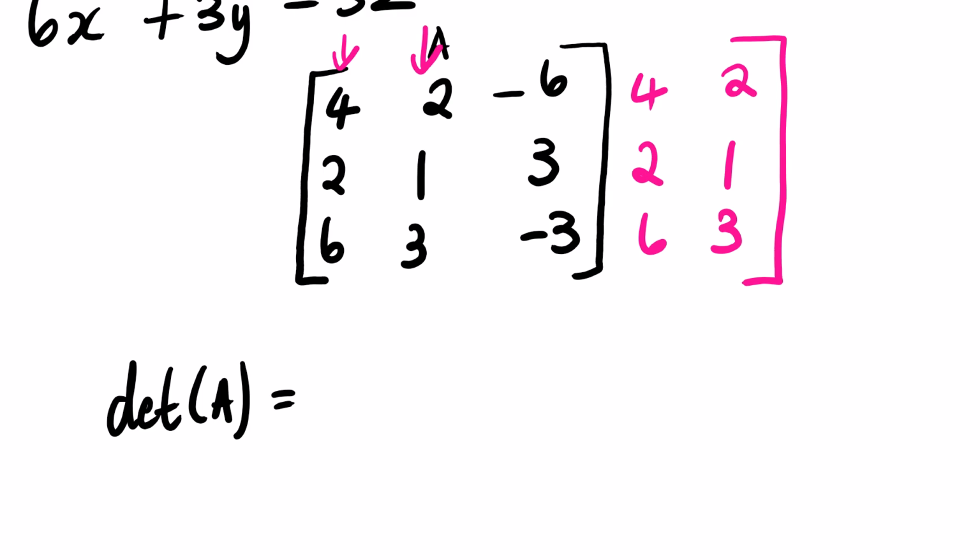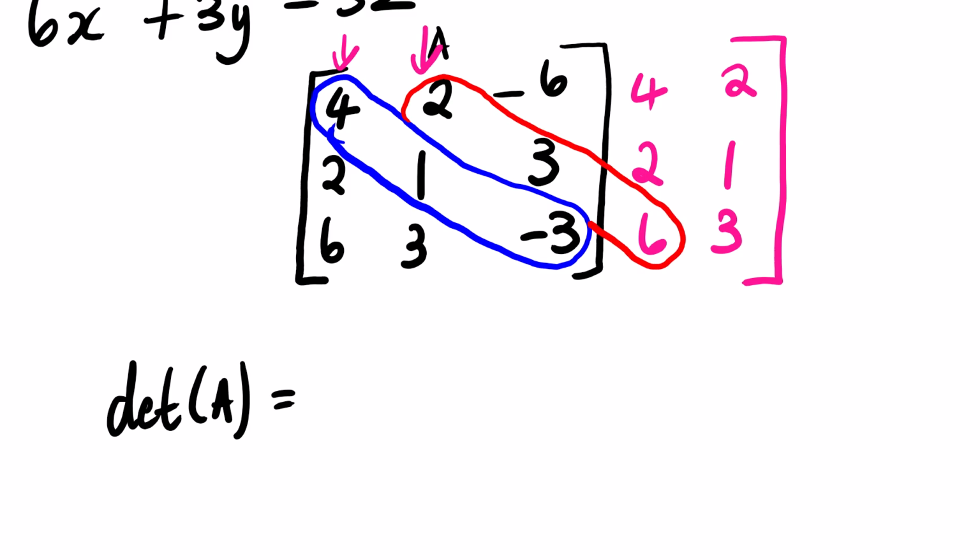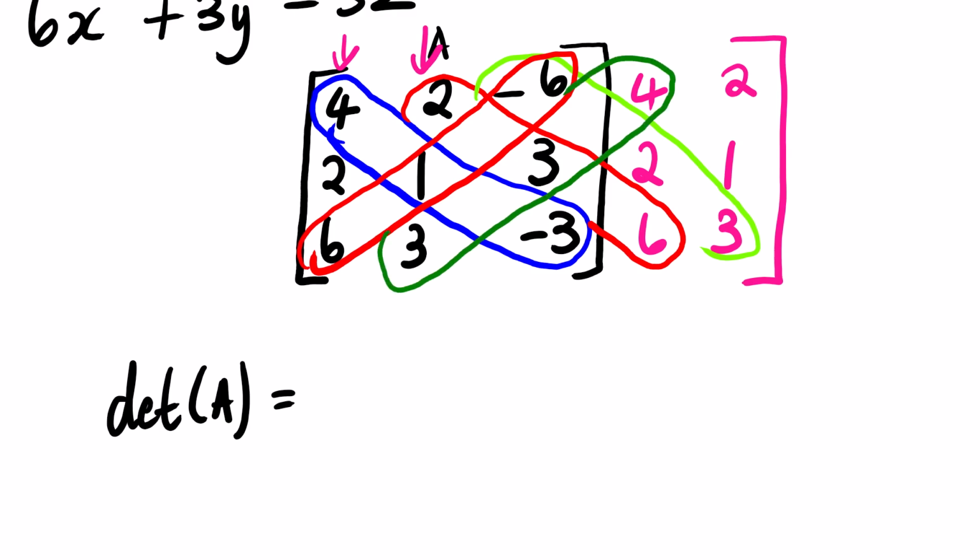After extending this, we are going to look at these diagonals. That is our first diagonal, our second, our third diagonal. Then from here, we look at this diagonal, this one, and also this one. So we start by multiplying the first diagonal.